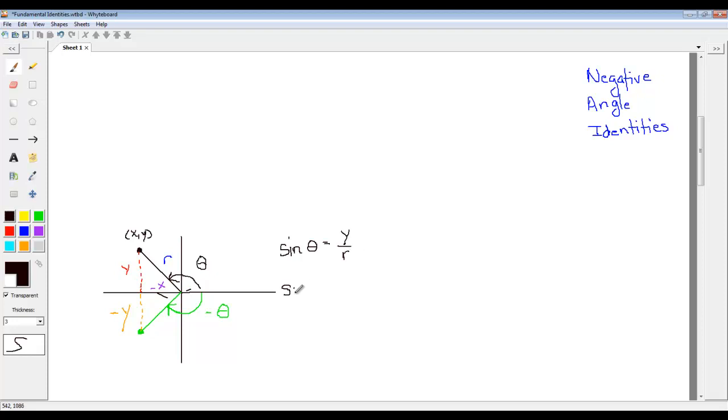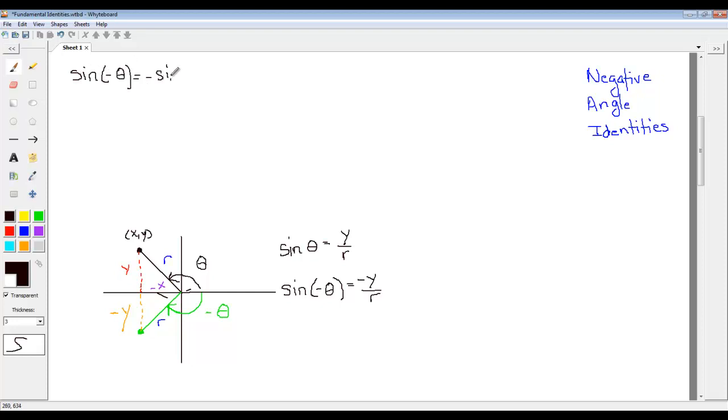But your sine of your negative theta ends up being negative y over r. We'll label that r also. So essentially, your sine of negative theta equals negative sine of theta.